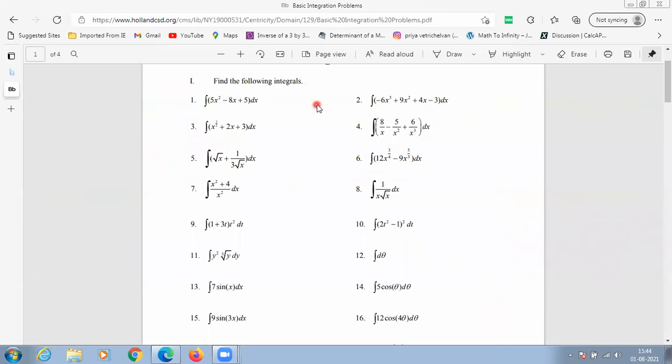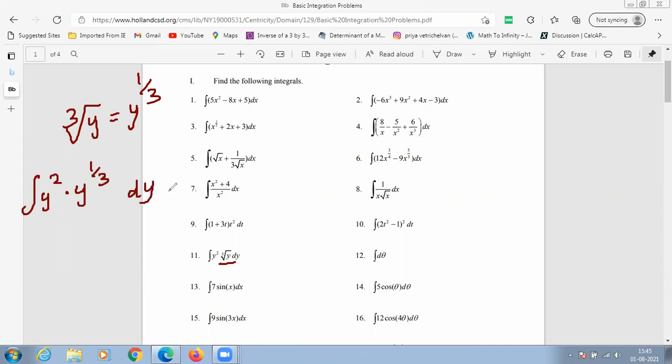We'll move on to the question number 11. It's y square into cubic root of y. See, cubic root of y means y power 1 by 3. Okay, so let me rewrite this question. It's y square into y power 1 by 3 dy.